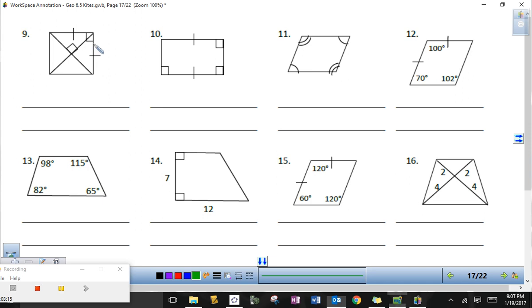Now, this right angle is marked, but what we need to decide is, is that enough information to decide whether all of the other ones would have to be? Okay, and I'm going to tell you no, because while this looks like a square, we don't have any information on the inside marked about sides. Okay, so we're not sure whether really something like this is going on with the other side.